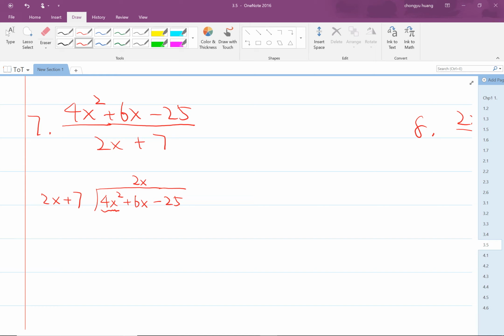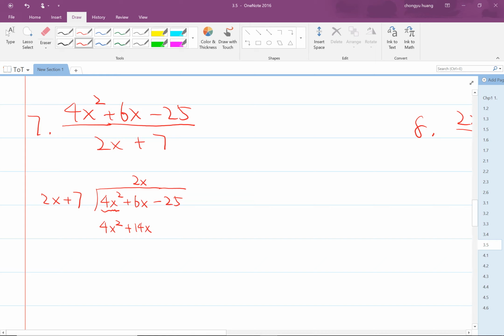We want to multiply 2x with 2x plus 7, right? So 2x multiplied by 2x is 4x squared, and then 7 multiplied by 2x is 14x, right?